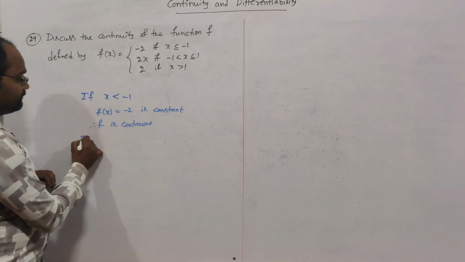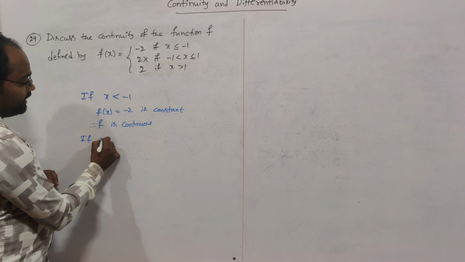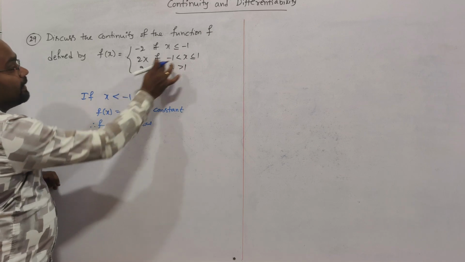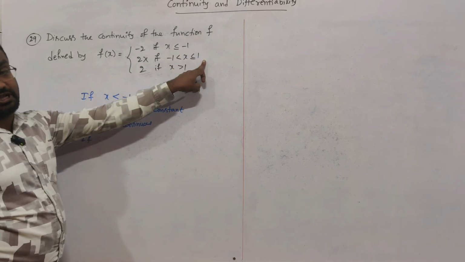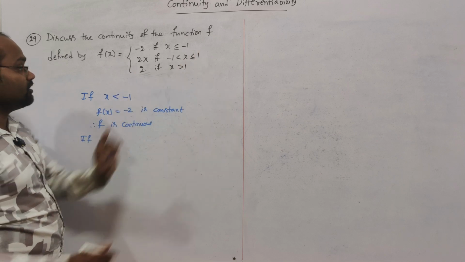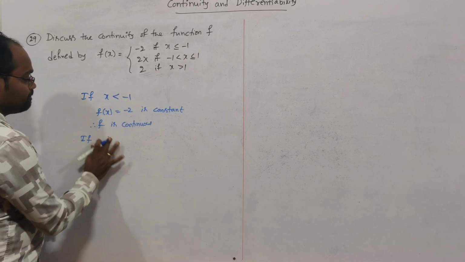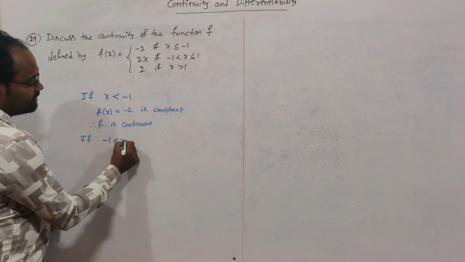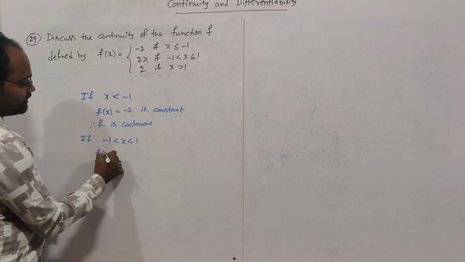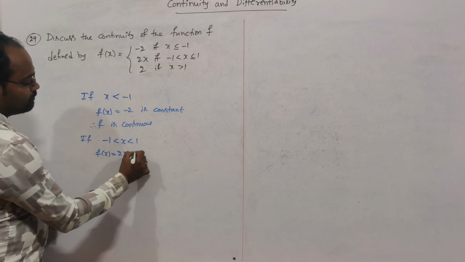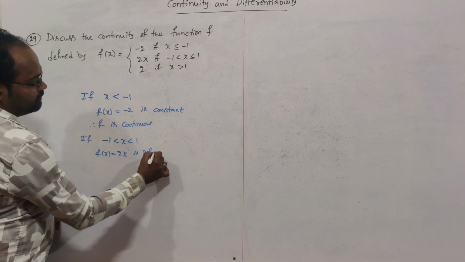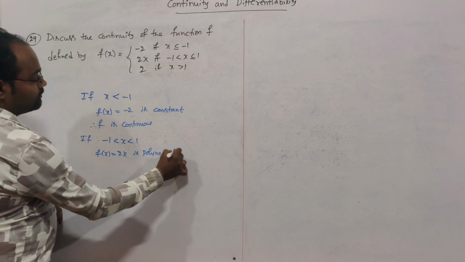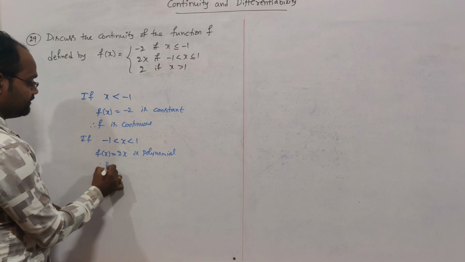Similarly, if x lies between -1 and +1, don't include +1, because we have to test at that point. If -1 less than x less than +1, f of x becomes 2x, which is polynomial, therefore f is continuous.